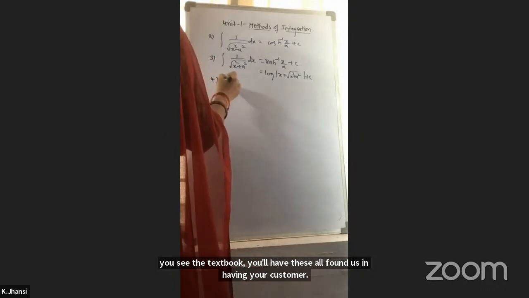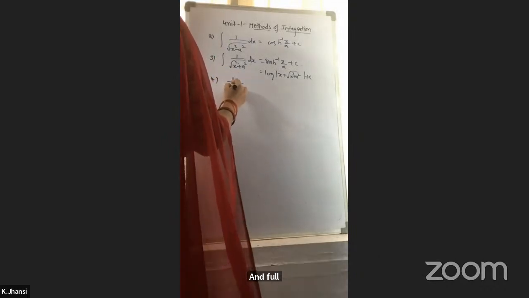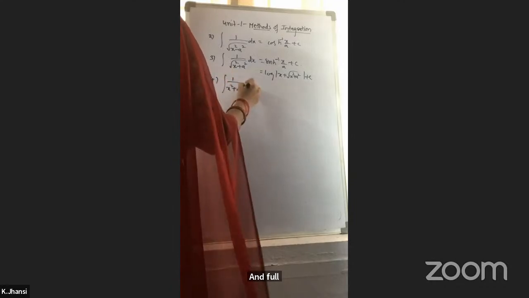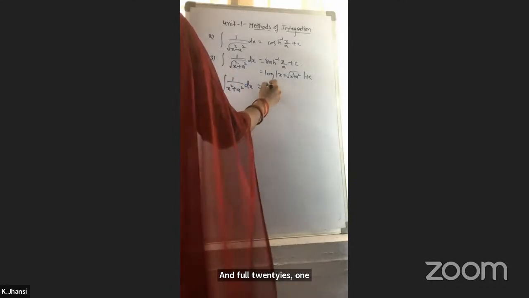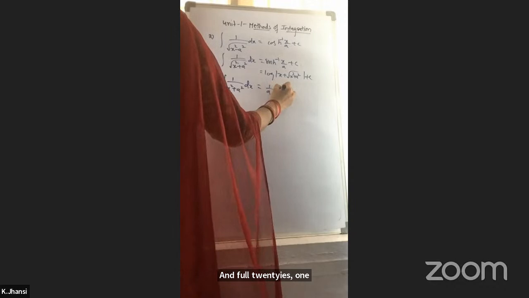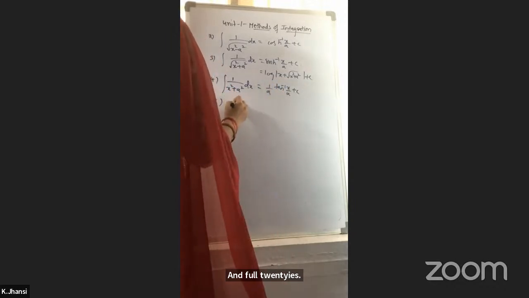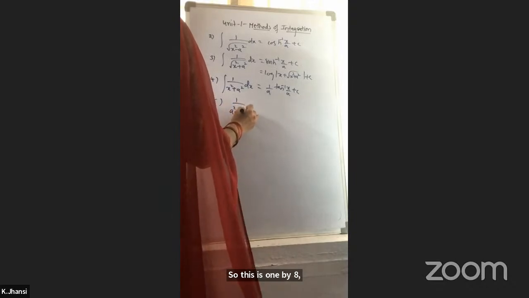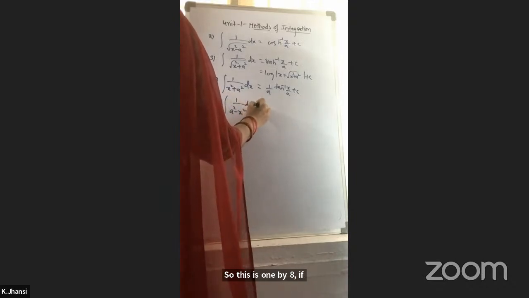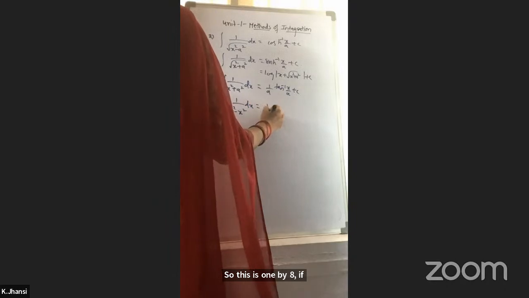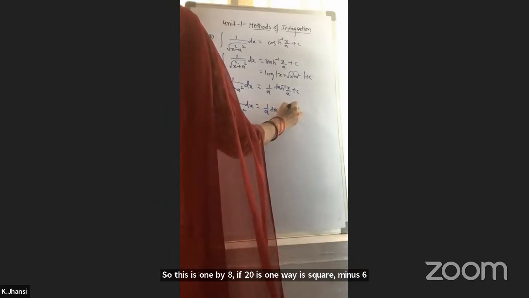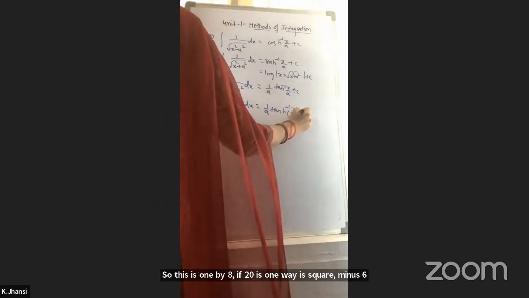And the fourth one is 1 by x square plus a square. So this is 1 by a tan inverse x by a plus c. Okay, the fifth one is 1 by a square minus x square into dx. It is 1 by a tan h inverse x by a plus c.